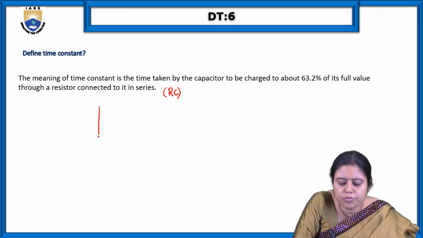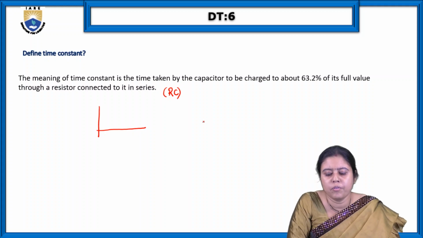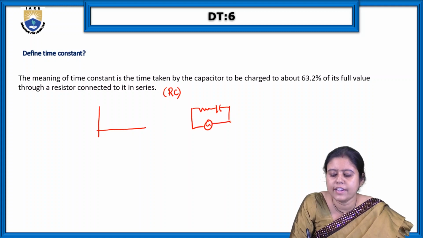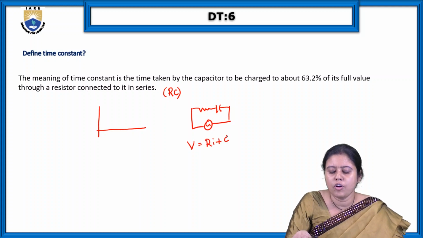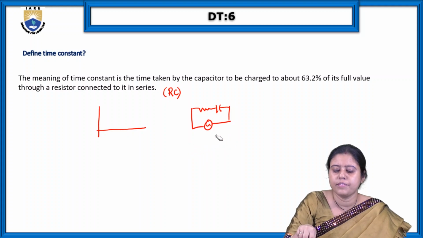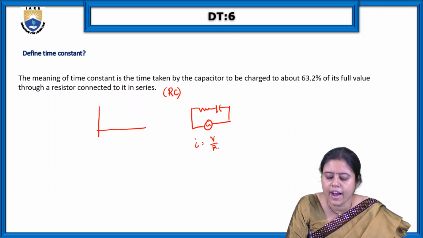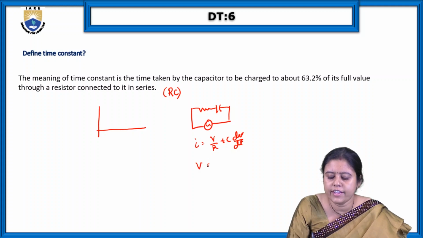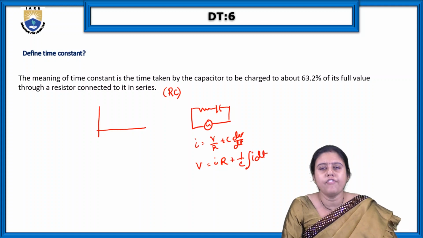If we want to plot the graph of the RC circuit, when we connect a capacitor with a voltage source, we get the equation I is equal to V by R plus C dV by dt, or we can write V is equal to IR plus 1 by C integral of I dt.